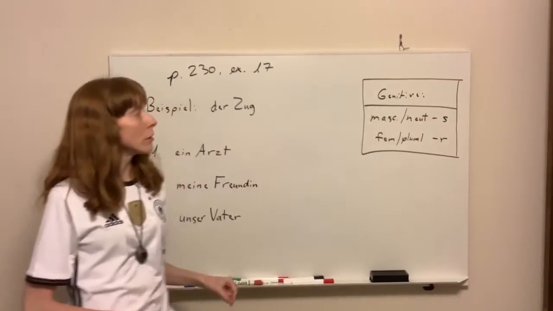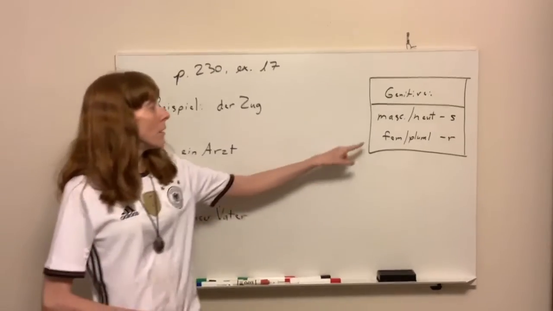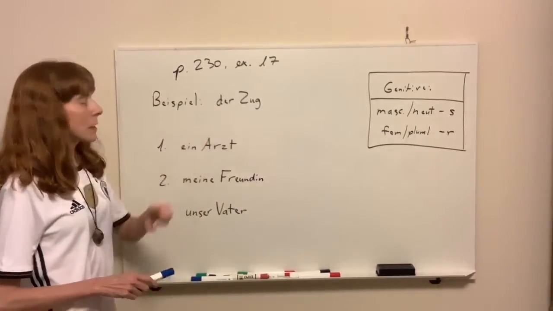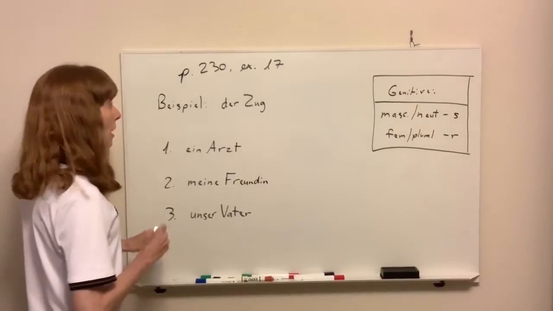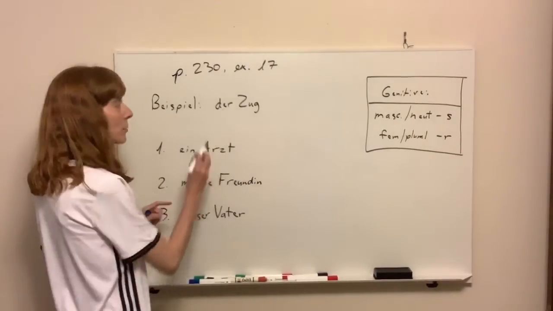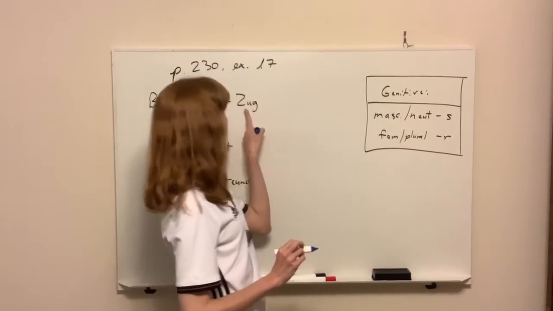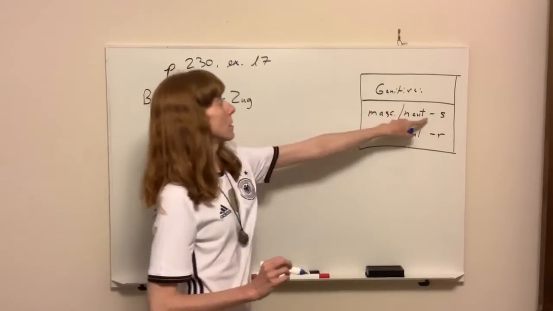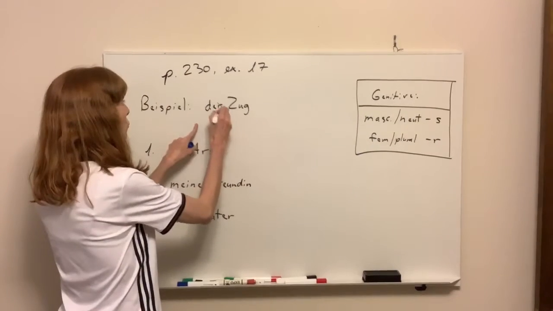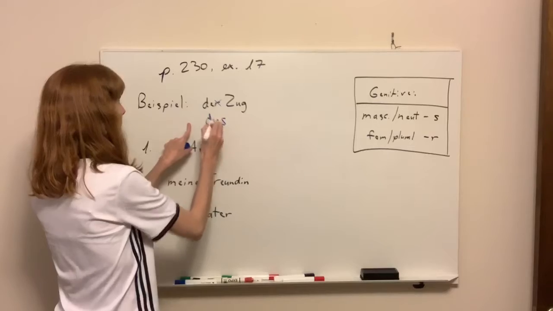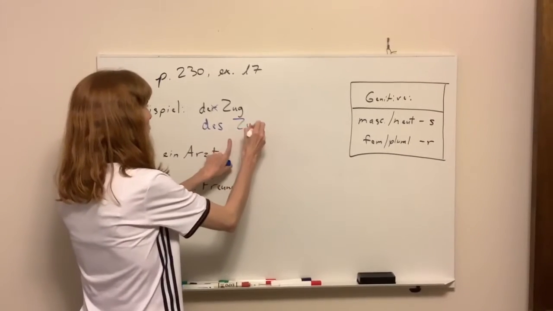Remember, masculine neuter gets an S at the end. Feminine and plural gets an er. Okay, so the Beispiel in your book is der Zug, the train. So if I want to put that in the genitive case, first of all, I know that genitive, if it's masculine, like Zug, gets an S. So I'm going to change that er into an S. Des Zug.